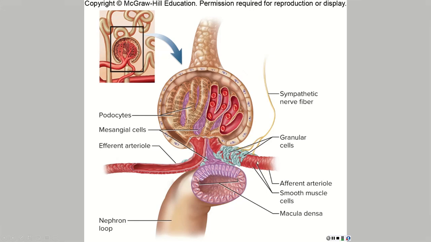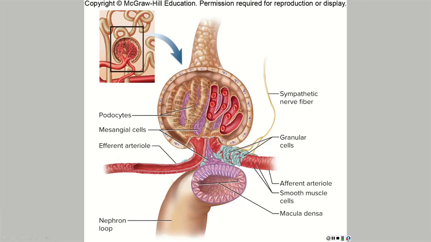Now these cells do a few things. One, they are stretch receptors. Two, these are the cells that release renin. Earlier we kept saying that the kidneys release renin. Now from this point on we're going to be more specific. The JG cells release renin.